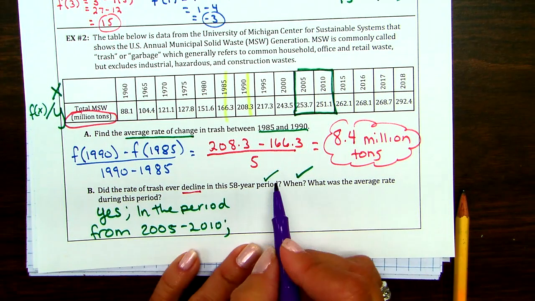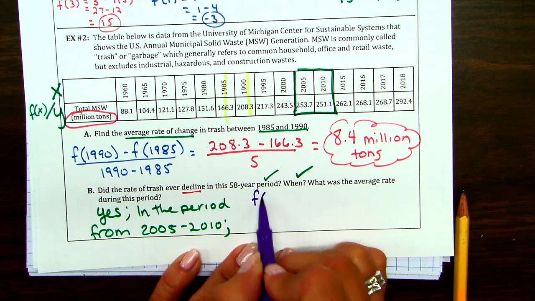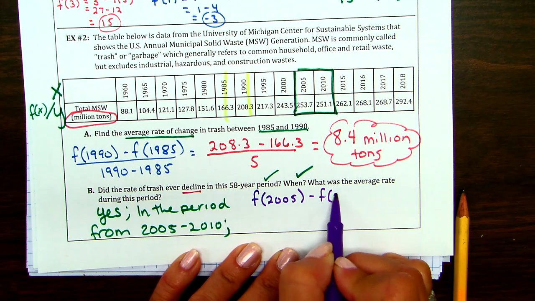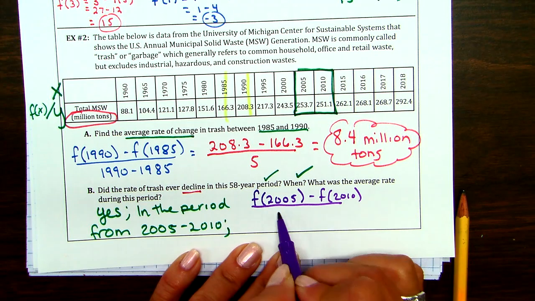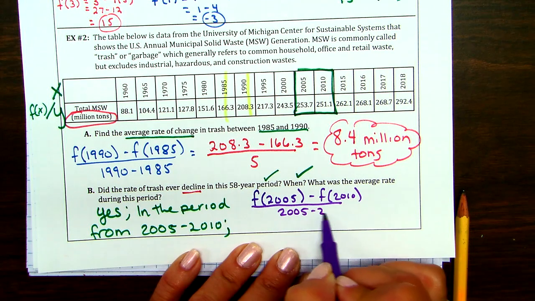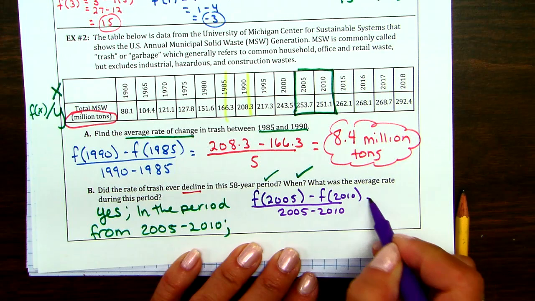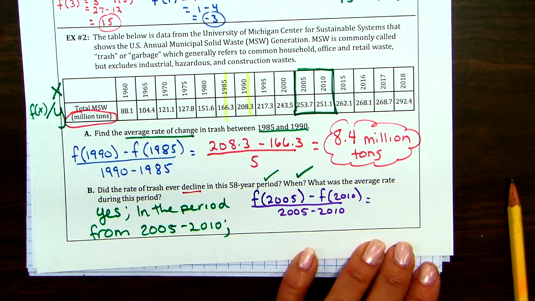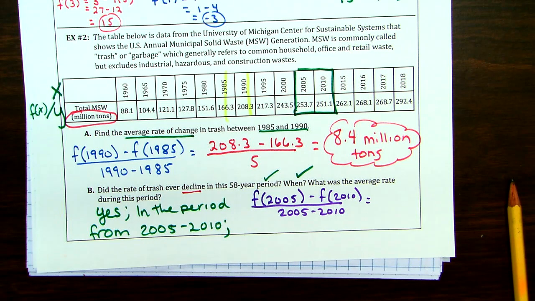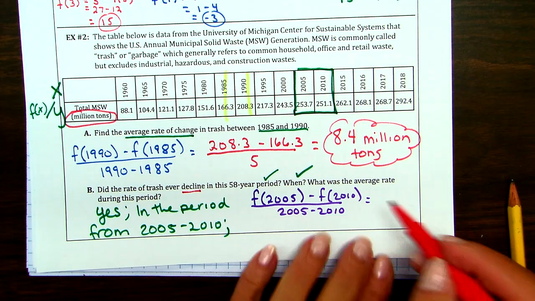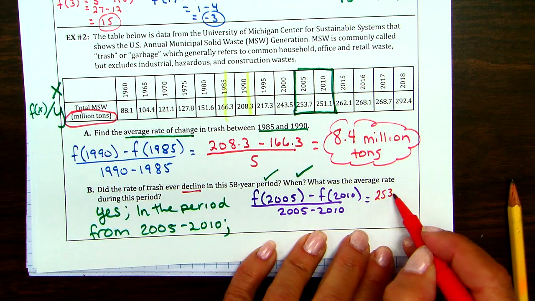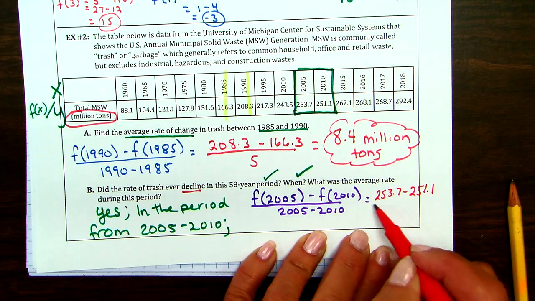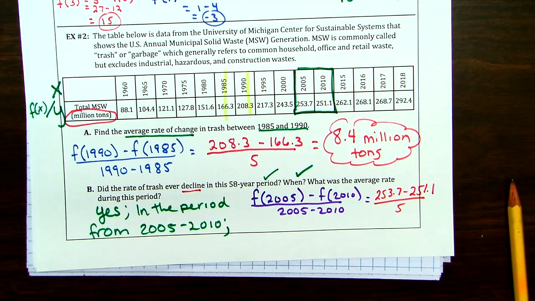So pick which one you want to put first. I'll change it up. I'll put the smaller year first. But it's not wrong. You don't need to erase it if you didn't do it like that. It doesn't matter. I will look at the chart, and I will pull out the amount of trash for 2005, amount of trash for 2010 over the 5-year period.